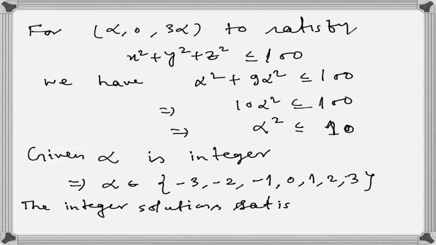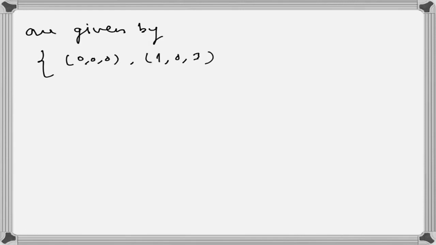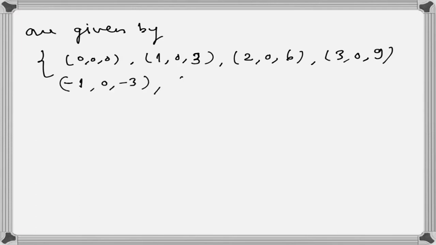Alright, then the integer solutions satisfying x square plus y square plus z square less than or equal to 100 are given by (0, 0, 0), (1, 0, 3), (2, 0, 6), (3, 0, 9), (-1, 0, -3), (-2, 0, -6), (-3, 0, -9).